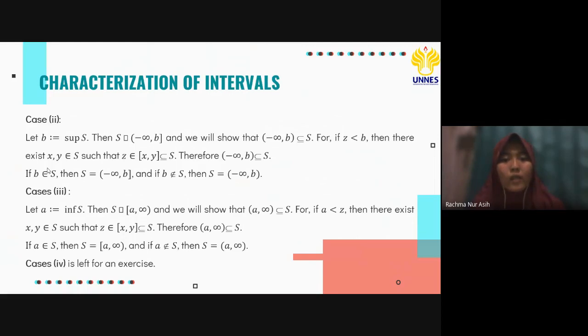And we will show that the open interval from A to infinity is a subset of S. For if Z is greater than A, then there exist X, Y elements of S such that Z is an element of the closed interval from X to Y, which is a subset of S. Therefore, the open interval from A to infinity is a subset of S. If A is an element of S, then S is equal to the half-open interval from A to infinity, and if A is not an element of S, then S is the open interval from A to infinity. Case 4 is left as an exercise.